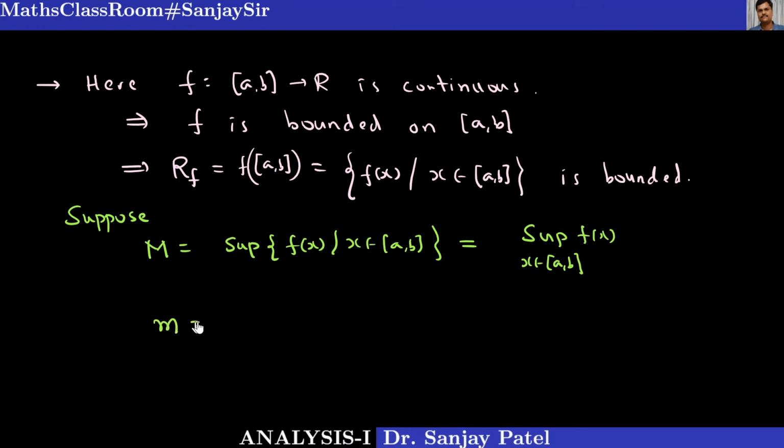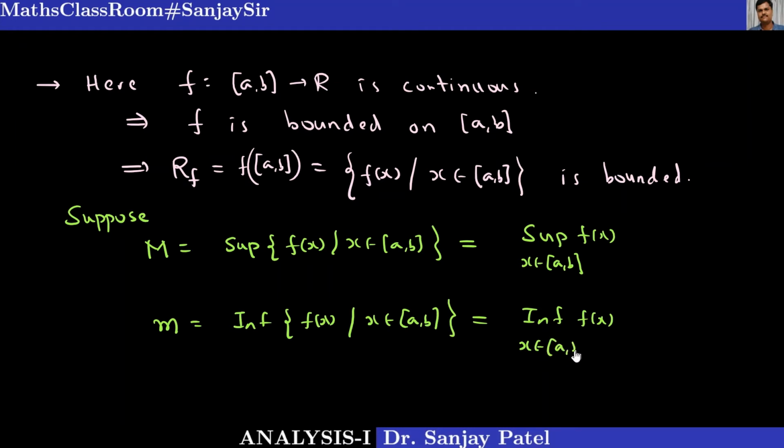And also we have minimum value, or you can say the greatest lower bound or infimum of the range, that is set of all fx, such that x belongs to closed interval AB, which is equal to infimum of fx, where x belongs to closed interval a comma b.